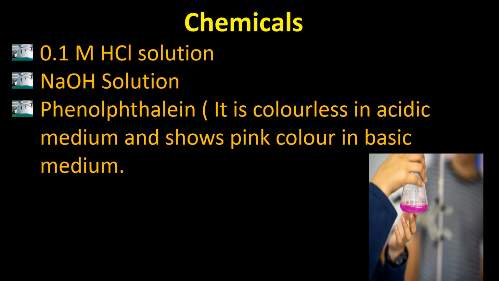The examiner will definitely ask you in the Viva: what is a standard solution? A very important Viva question in the process of titration. At that time you will say any solution whose molarity is known is a standard solution. Here I am using 0.1 molar hydrochloric acid solution. As I know the molarity, it's a standard solution.